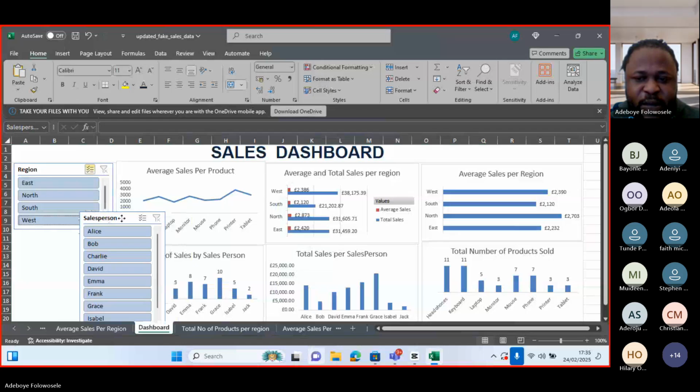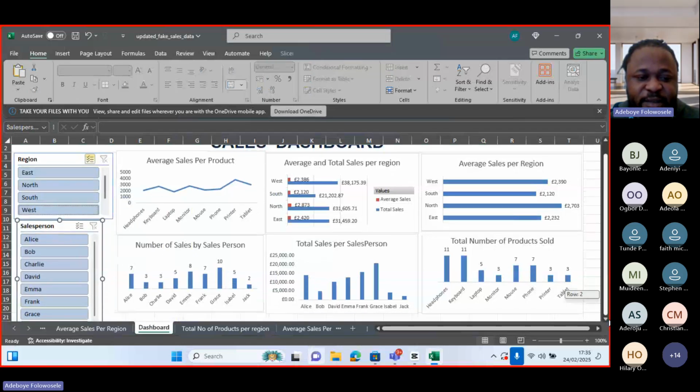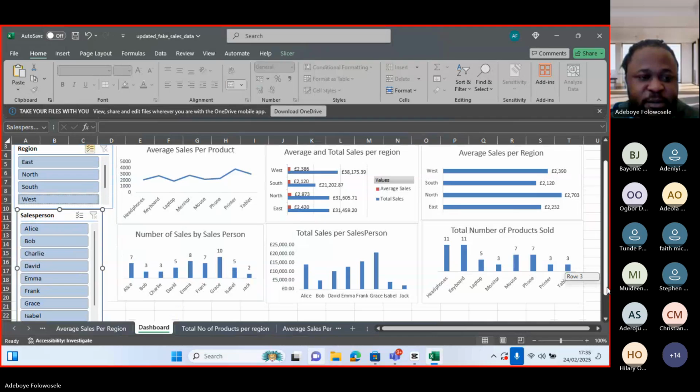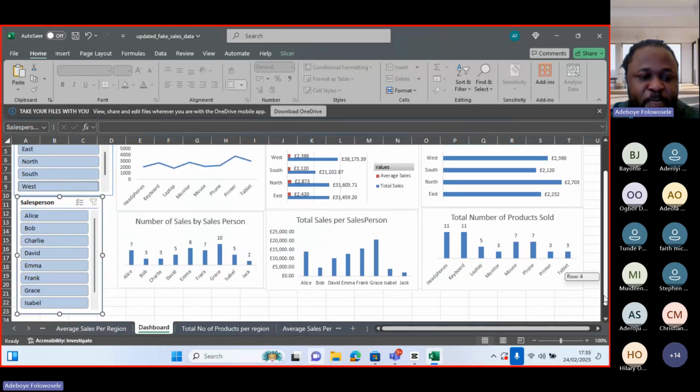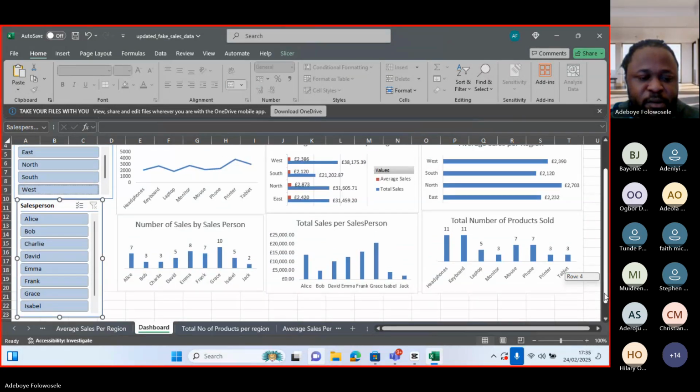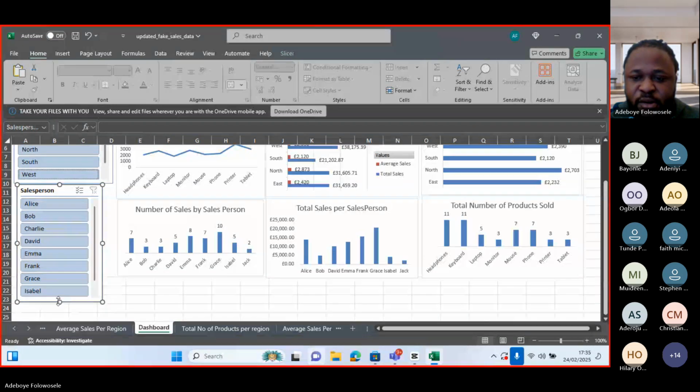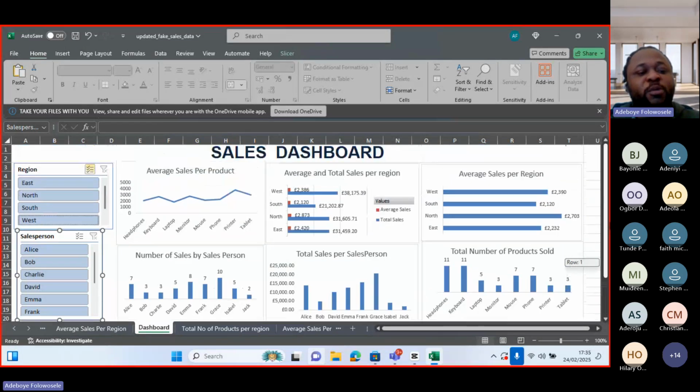However, I don't want my slicer to communicate with number of sales per person. I don't want it to communicate here.